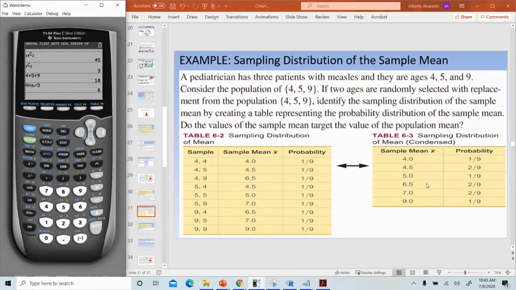But now let's calculate this one. If you remember, you have to do your x times p of x.